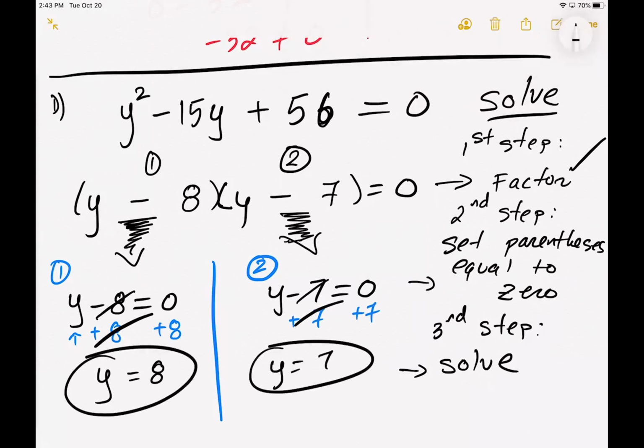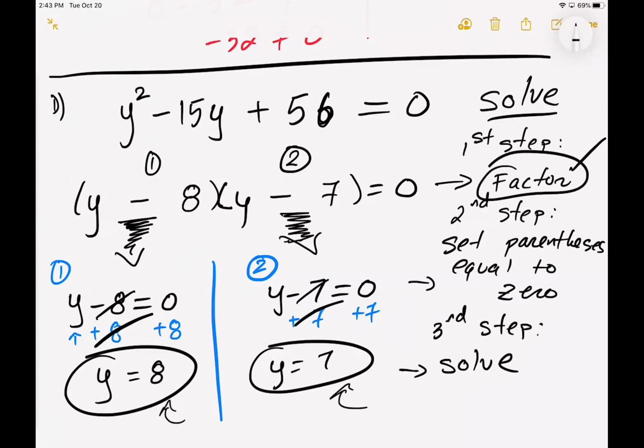So again, hopefully you see that the solving part is once and done. We just either add or subtract and move it over to the other side. But in order for you to solve, you need to know how to factor.